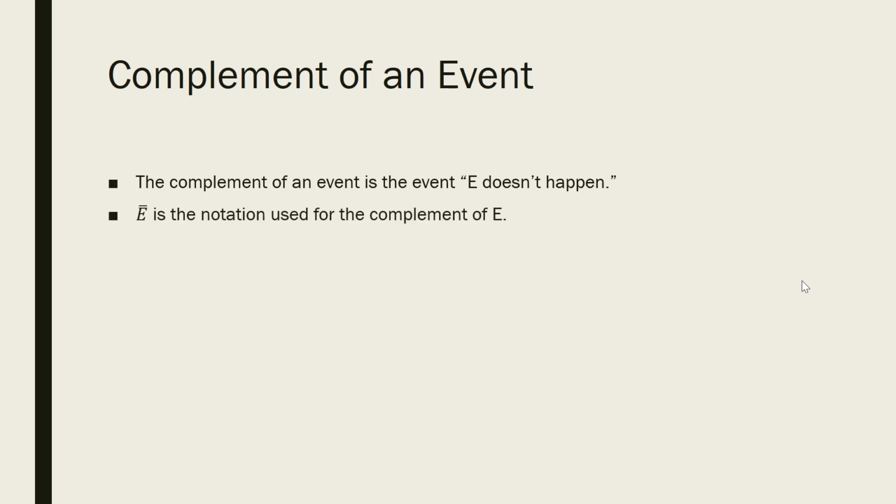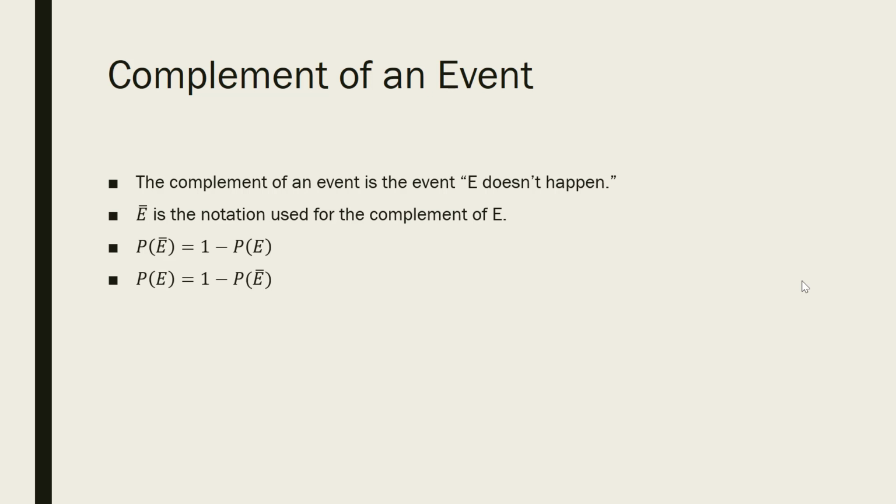E bar, with a little line on top of the E, is the notation used for the complement of E. And so if I want to find the probability of E bar, I just simply subtract it from 1: 1 minus the probability of E. Or if I wanted to find the probability of E, I could subtract the probability of E bar from 1. So 1 minus the probability of E bar.